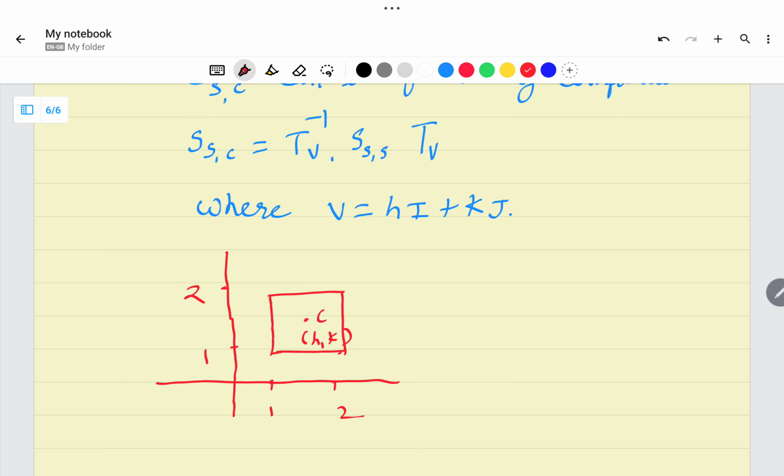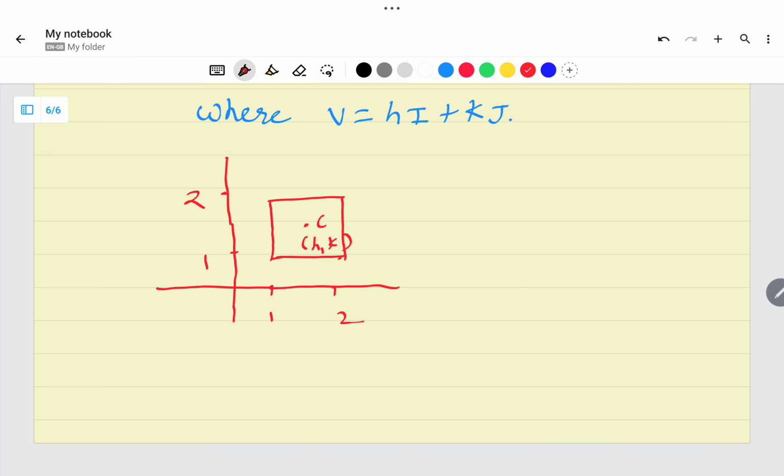So the first step is to align the center with the origin, that is, inverse translation. This is the first step. We align the center of the object with the origin.